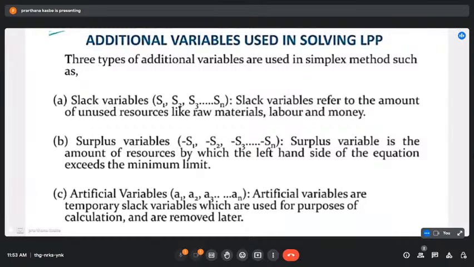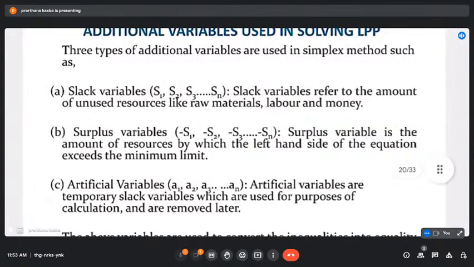Slack variables refer to the amount of unused resources like raw material, labor, money. The slack variable means the raw material which is not used.